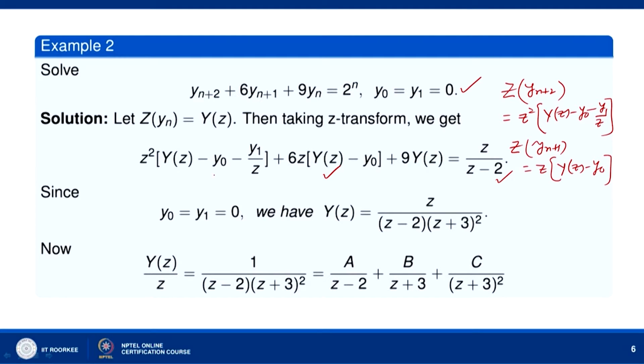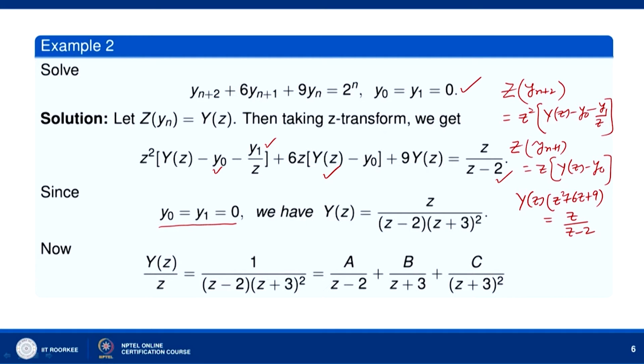Now, substituting the values of y(0) and y(1), y(0) is 0 and y(1) is 0, we get Y(z) times (z square plus 6z plus 9) equal to z over z minus 2.